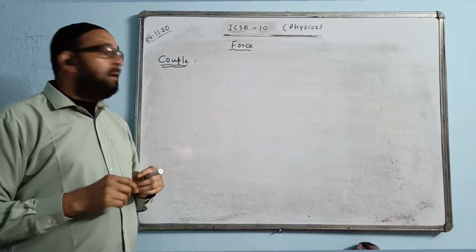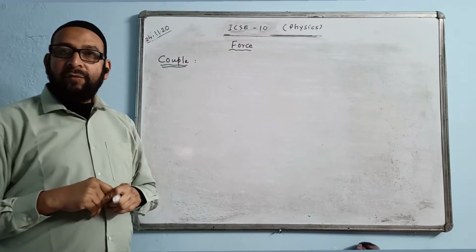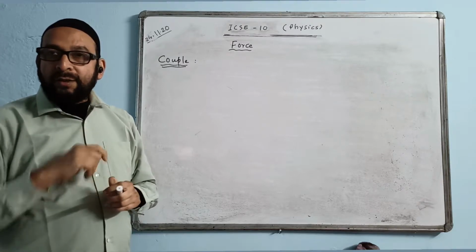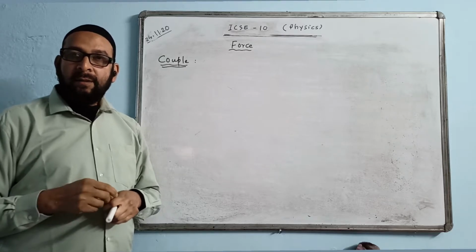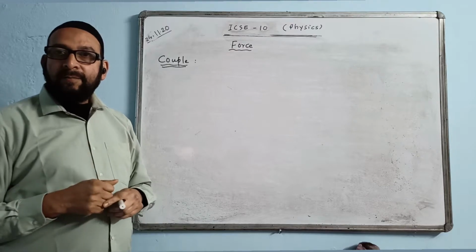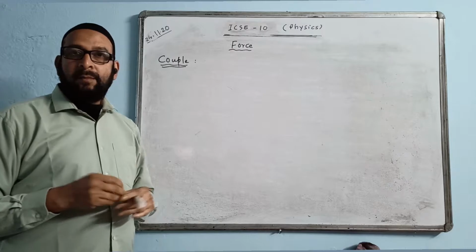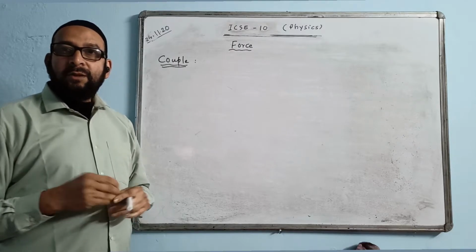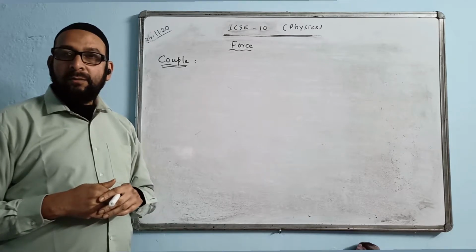Please write down: a pair of equal and opposite forces producing rotation in a body is called a couple.